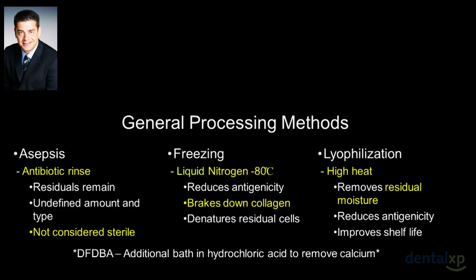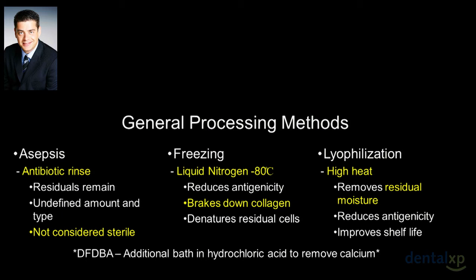So what are the different methods that are used to process allograft materials? The general processing methods are basically the same for all allografts available in the market, which is the traditional FDBA, or the freeze-dry process of allografts. The sepsis is based on antibiotic rinses. It's followed by liquid nitrogen that freezes the material, and that basically breaks down collagen.